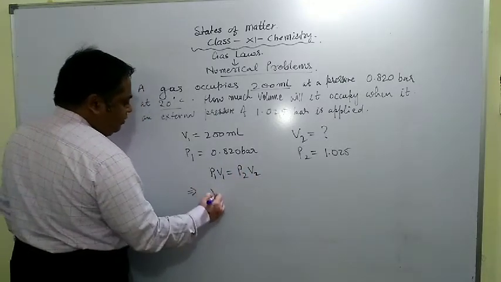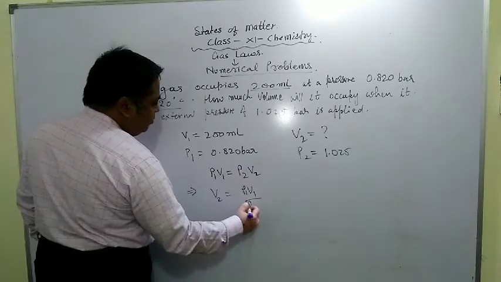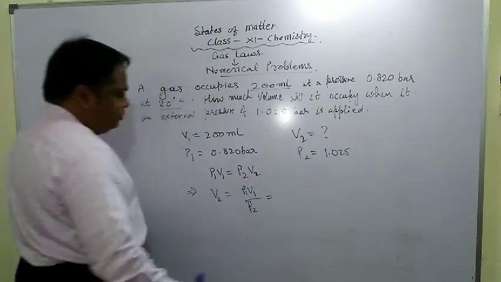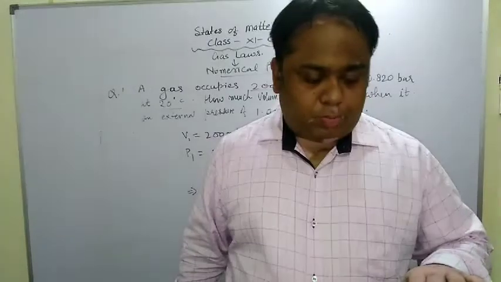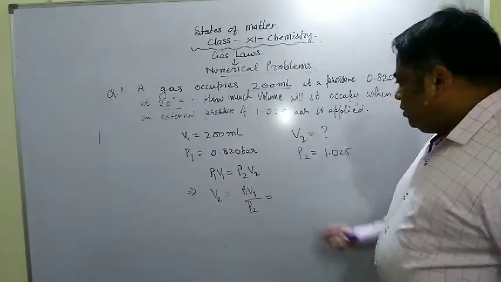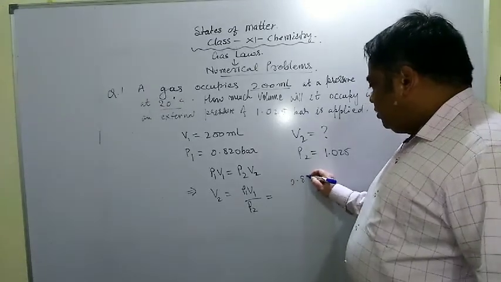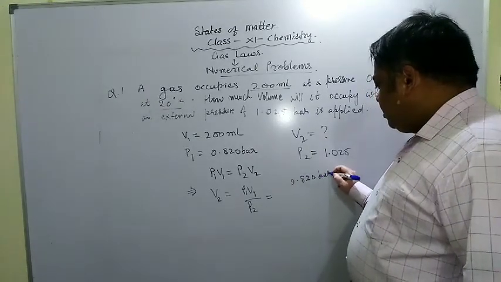So clearly V2 will be equal to P1 V1 by P2. We will put the value and get the answer. Value of P1 is 0.820 bar.